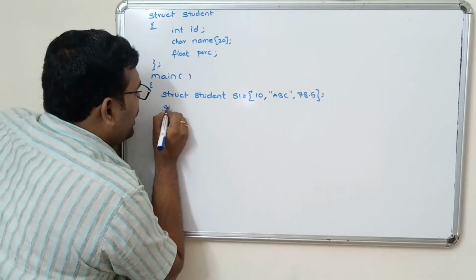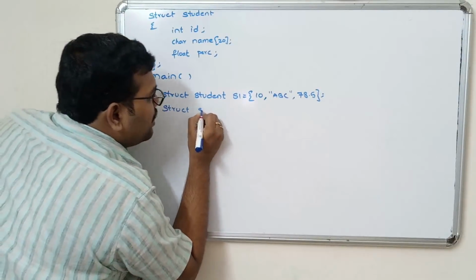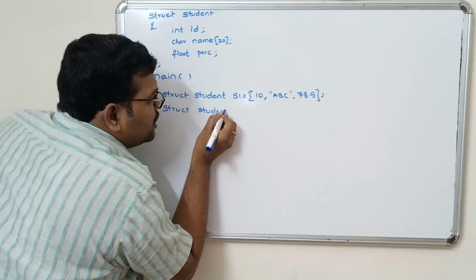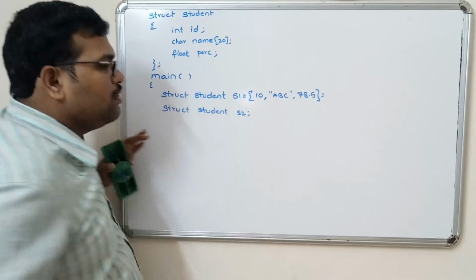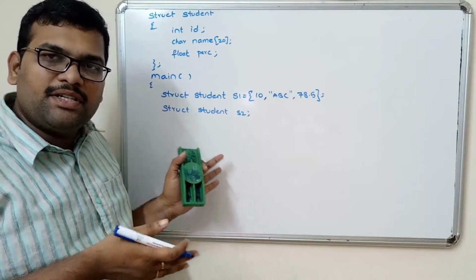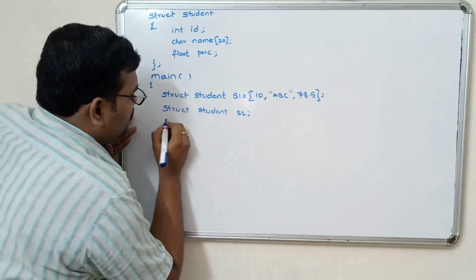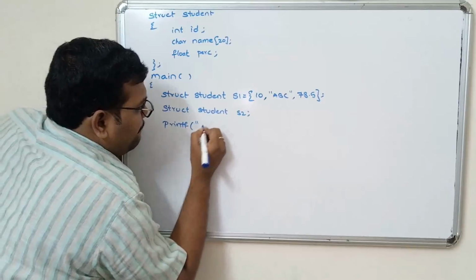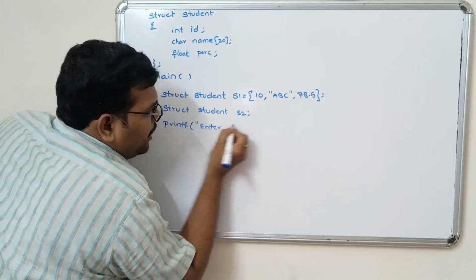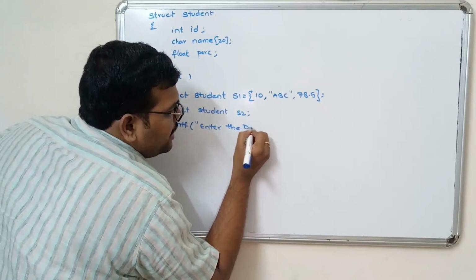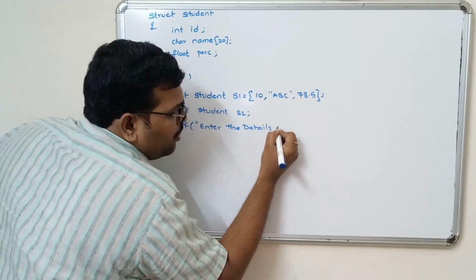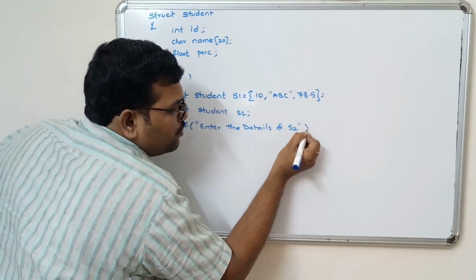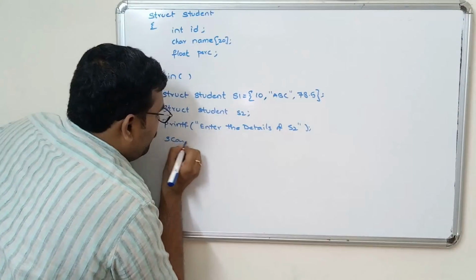Once again, let us declare one more variable, student s2. Let us initialize the members using the scanf function here. First printf, enter the details of s2. Then scanf.